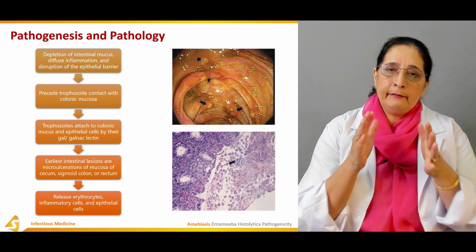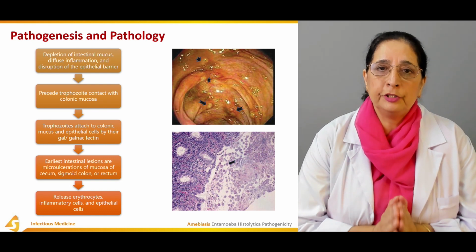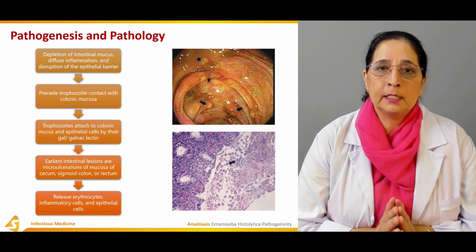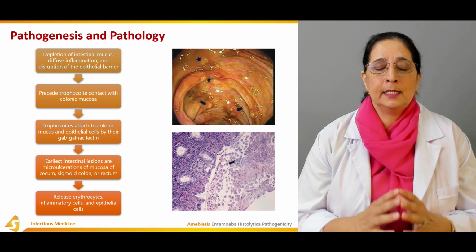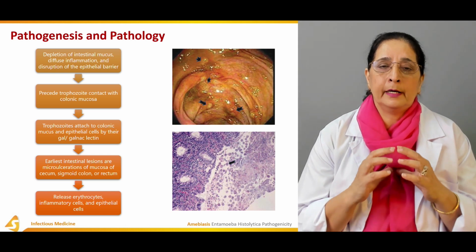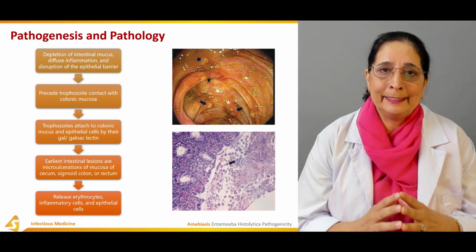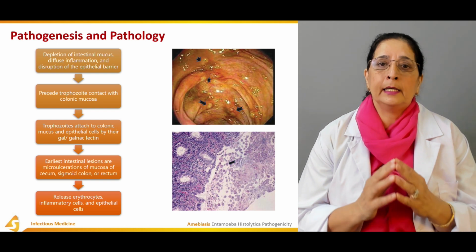So it's a very clear picture of the pathogenesis of Entamoeba histolytica disease. Because they are invasive, they can invade and disrupt the epithelial lining.